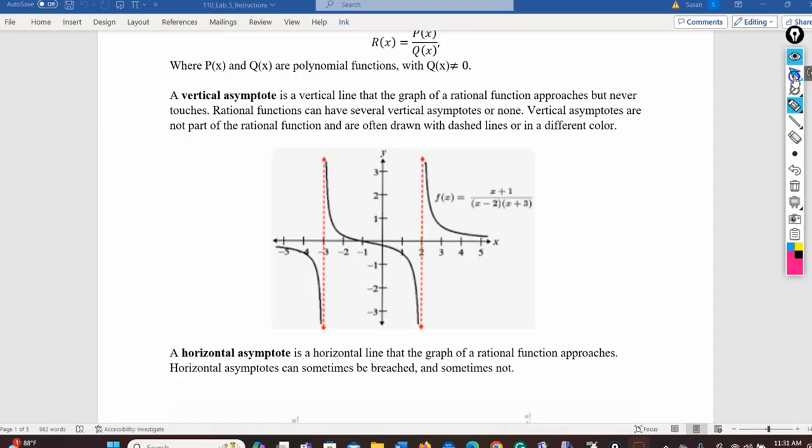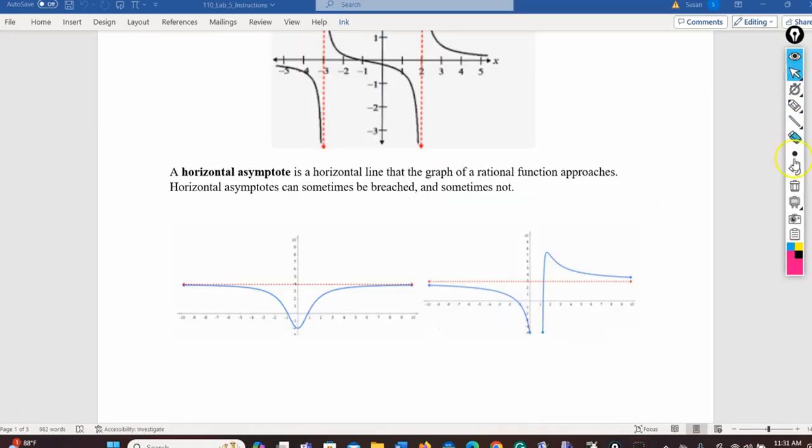Now, a horizontal asymptote is a horizontal line that a graph approaches, and it may or may not breach it. So in this example down here, this red line is a horizontal asymptote, and you can see that the graph is approaching it, but it will never breach it.